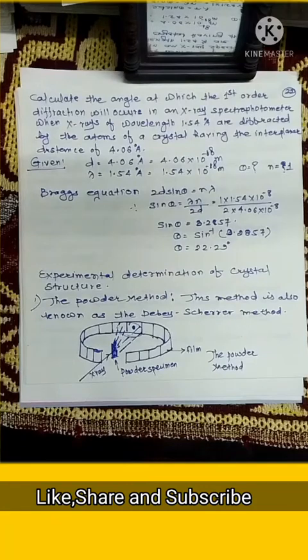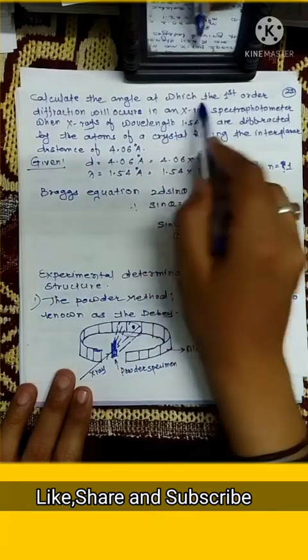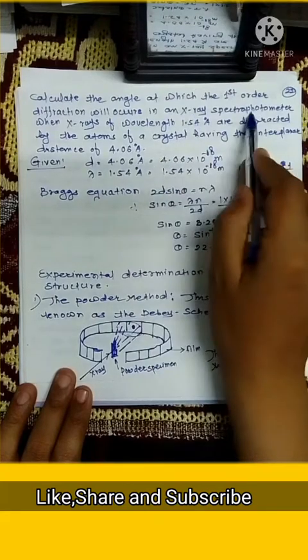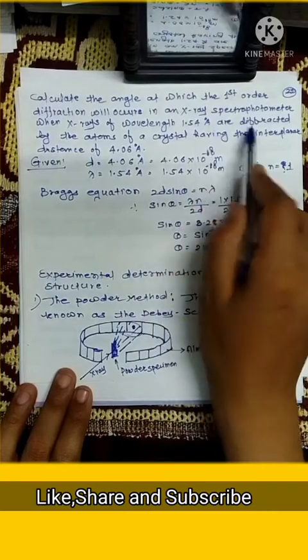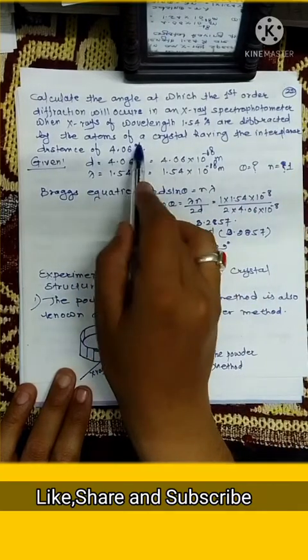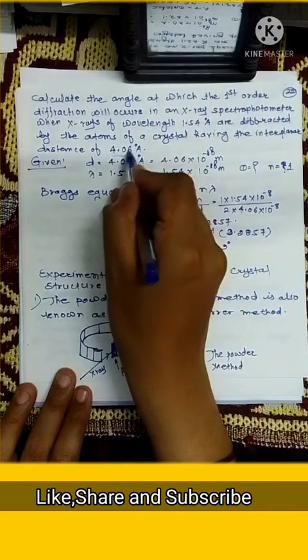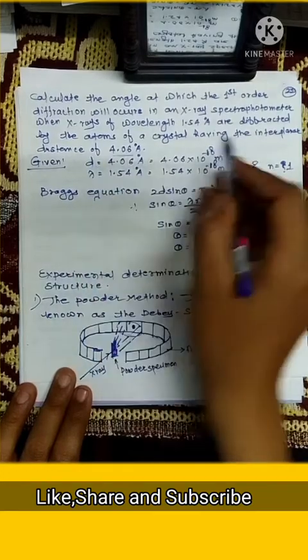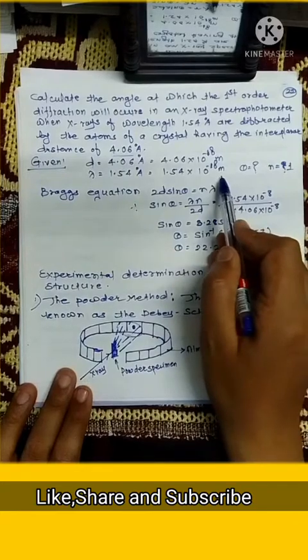Now we are going to solve the next numerical. Calculate the angle at which the first order diffraction will occur in an X-ray spectrophotometer when X-rays of wavelength 1.5 Angstrom are diffracted by the atoms of a crystal having interplanar distance d equal to 4.06 Angstrom. So convert the value of interplanar distance into meter, lambda also into meter.